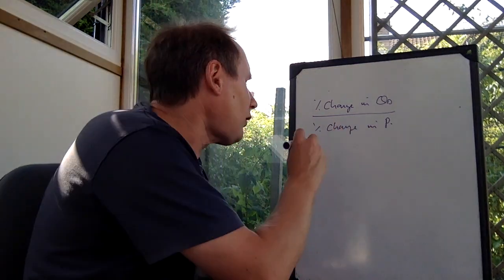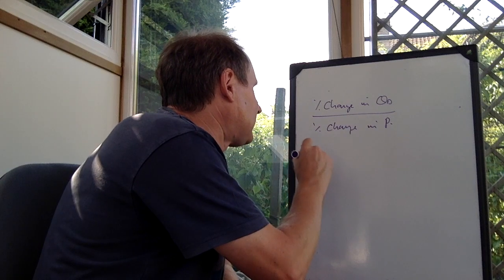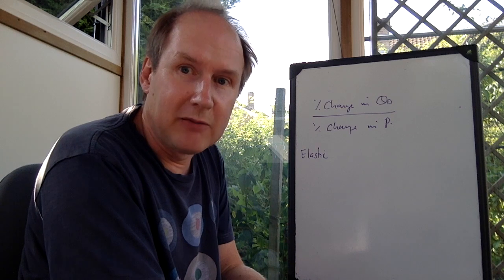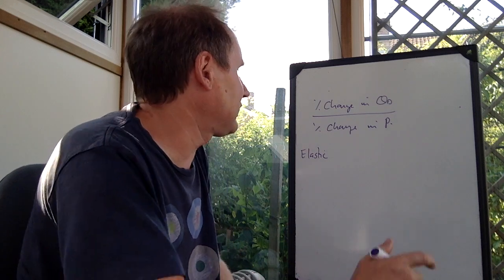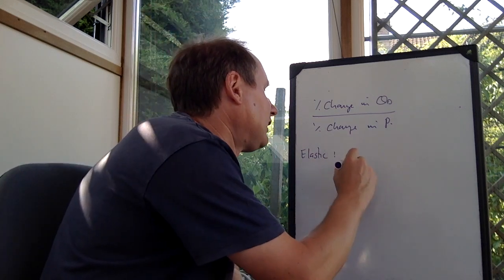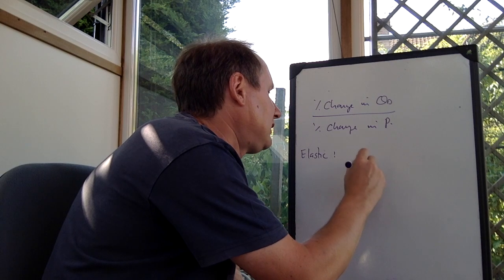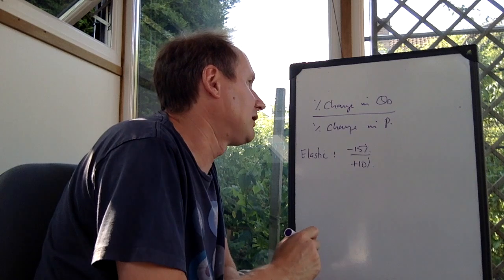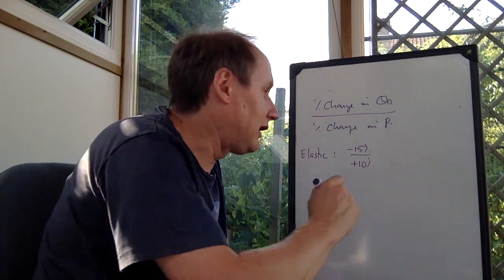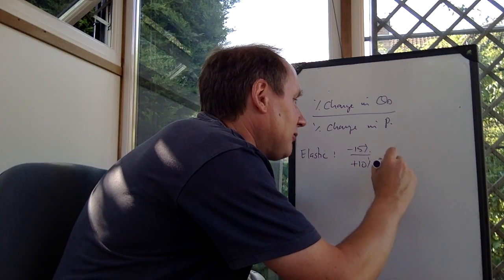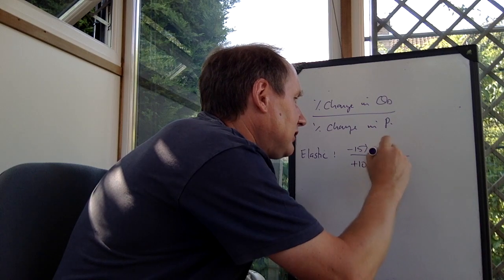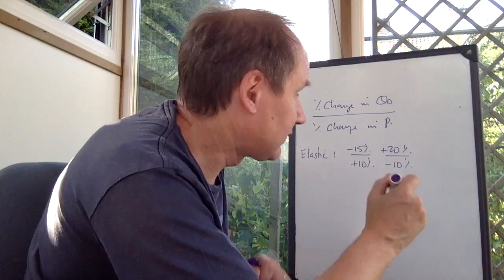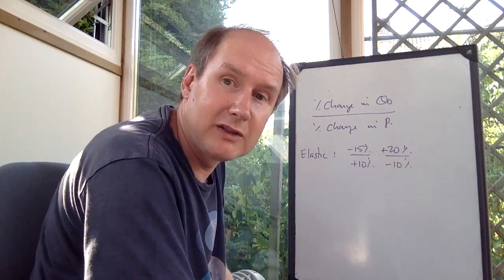So we know that if something is elastic, the demand is going to change by more than price. So we might get a 10% rise in price leading to a 15% fall in demand. Or we might get a 10% fall in price leading to a 20% rise in demand.